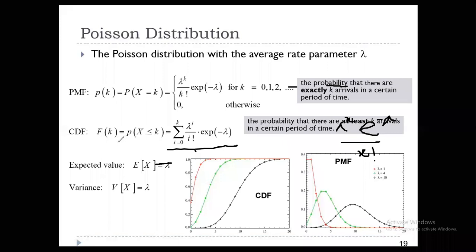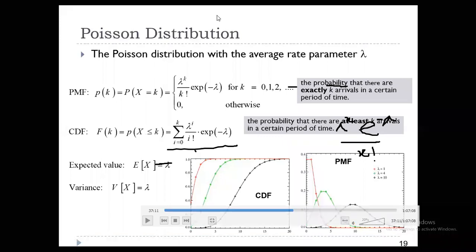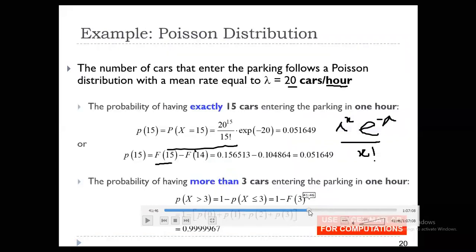That will give you the CDF for that value. Then you find it for 14 as well, where k is equal to 14. When you subtract, you get the probability of 15 cars arriving at the park.